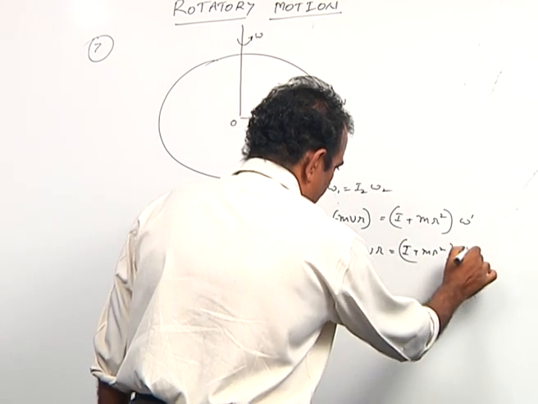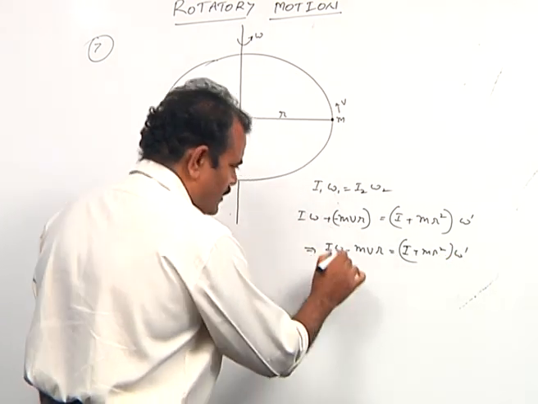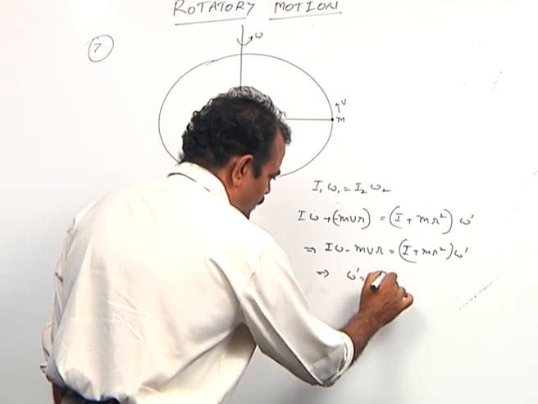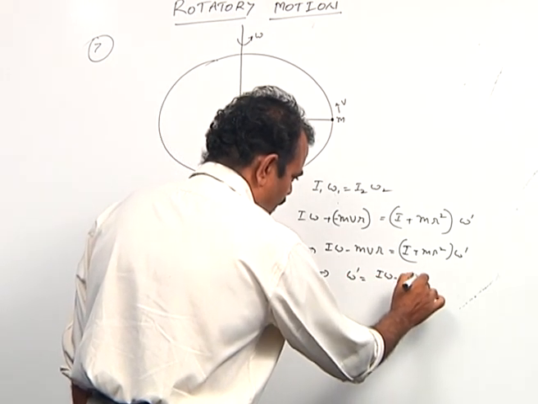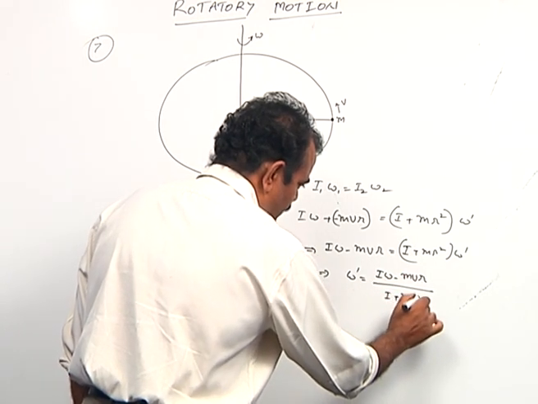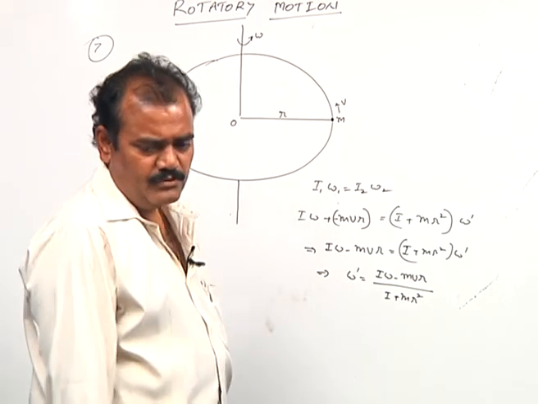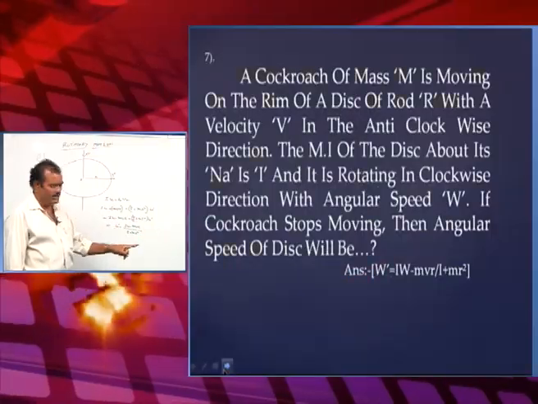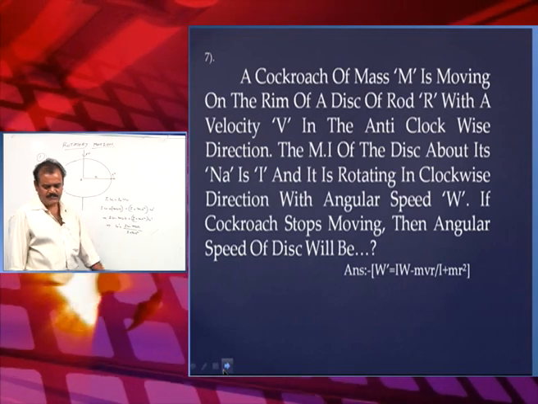The common angular velocity when the cockroach stops its movement is omega dash equal to I omega minus mvr by I plus mr square.